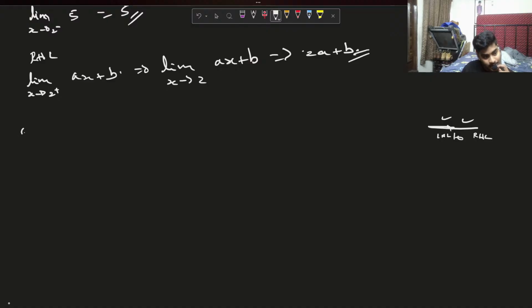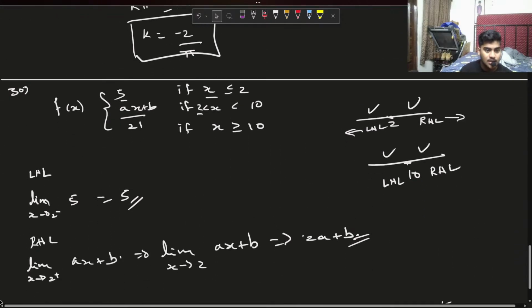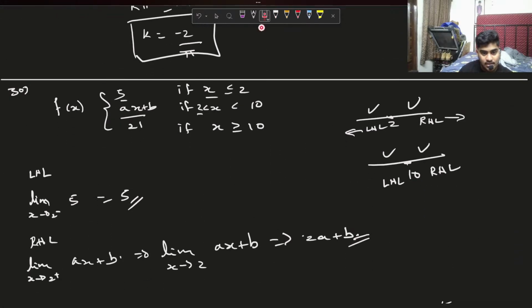So when doing LHL, limit x tends to 10 minus. So when it's 10 minus, then it should be less than 10, the statement suits, because x less than 10. So when it is less than 10, this statement I'll be taking.